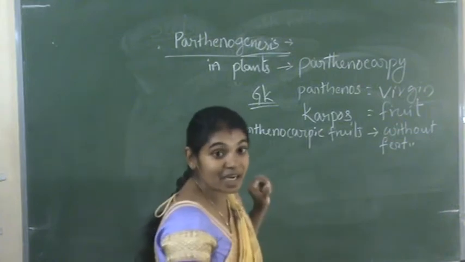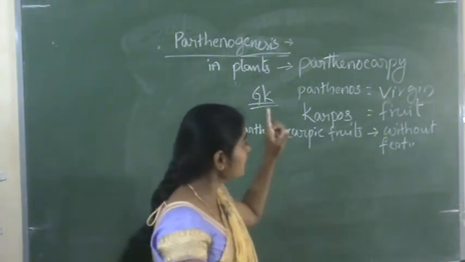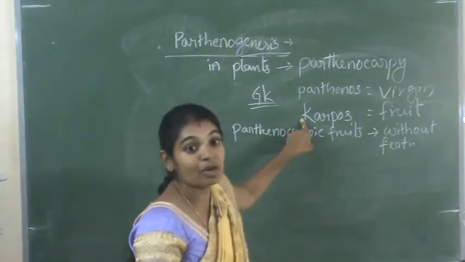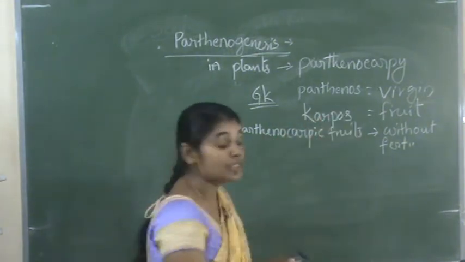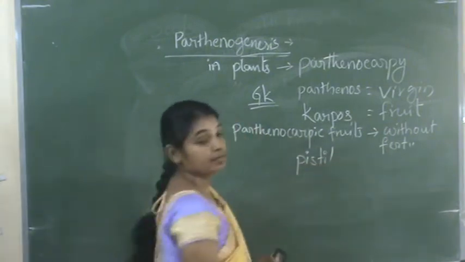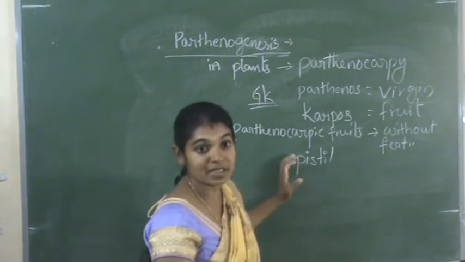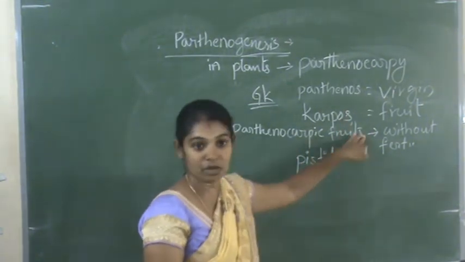But why are we discussing it under sexual reproduction? Because for the formation of this fruit, it uses the sexual parts of the flower, that means the pistil. That's why we discuss it under sexual reproduction, but it is a mode of asexual reproduction.